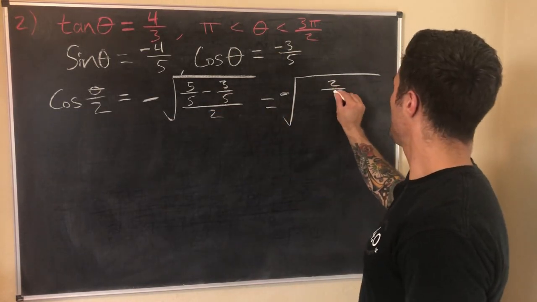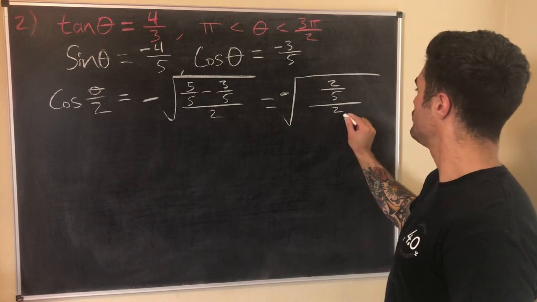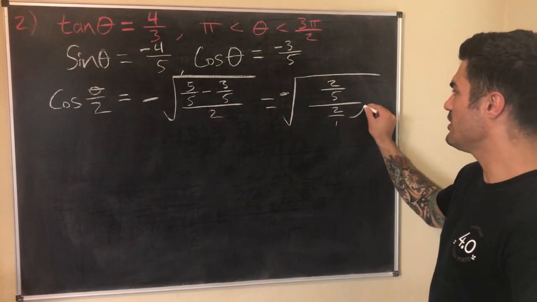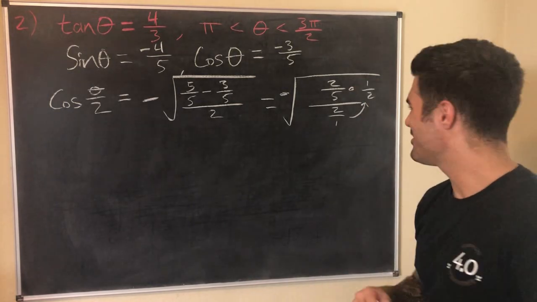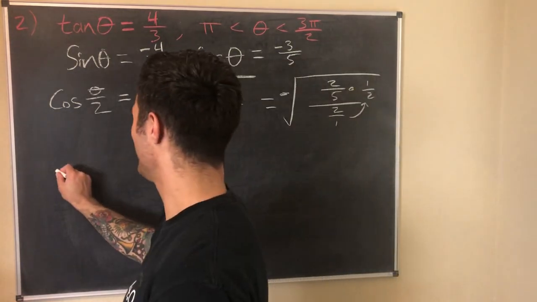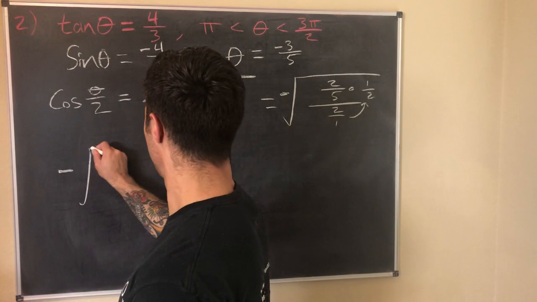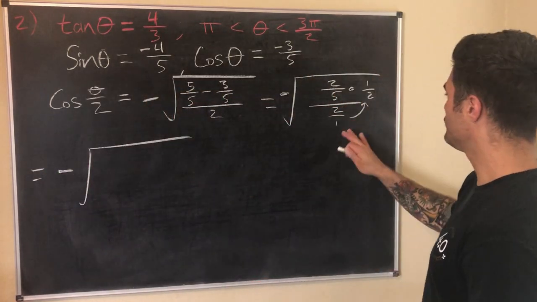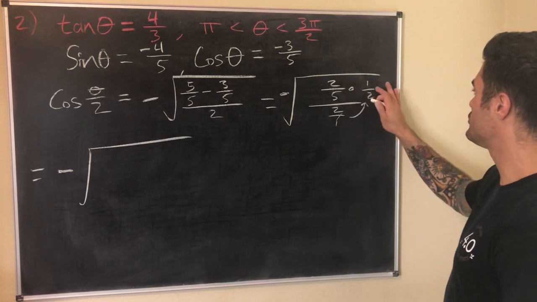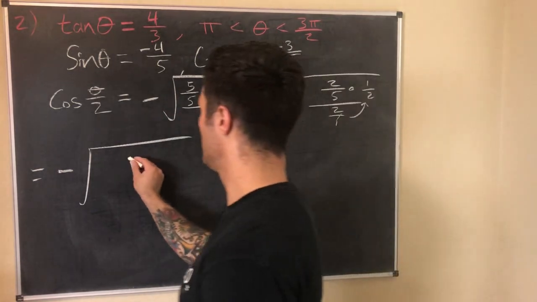So now I have 2 over 5 over 2. And this is like 2 over 1, so I flip, multiply across. I'm speeding it up a little bit because I feel like I'll probably have it down by now. Negative, so this equals negative root, let's see where I'm at. This is 2 over 10.